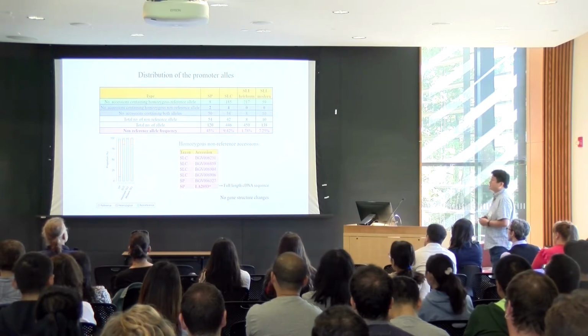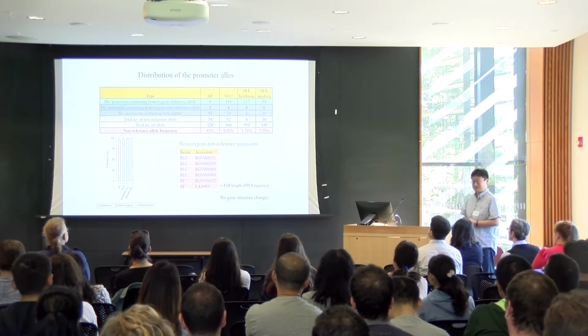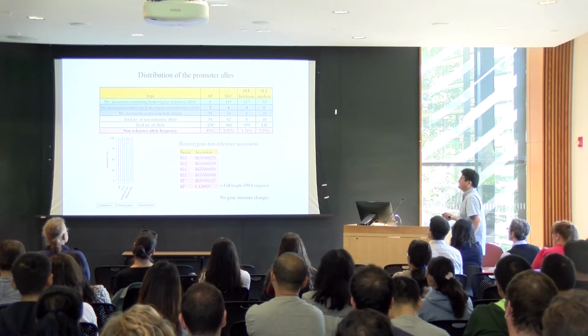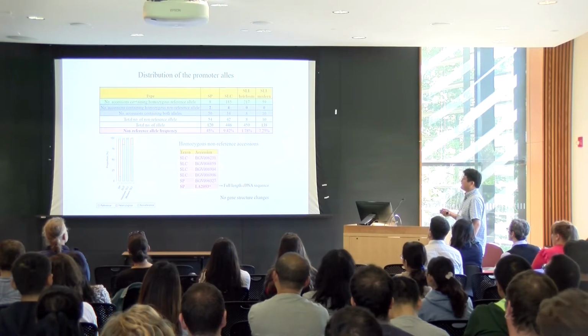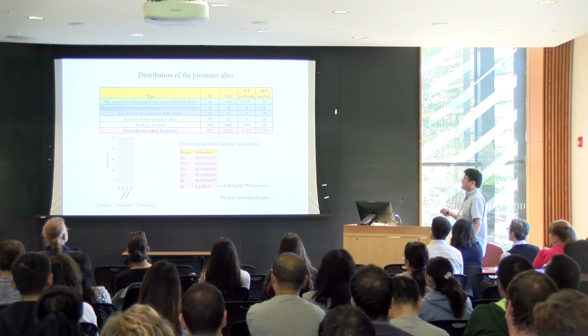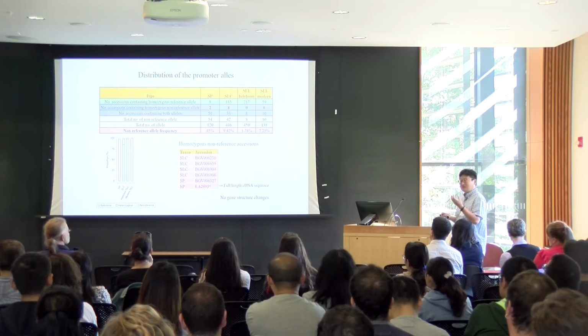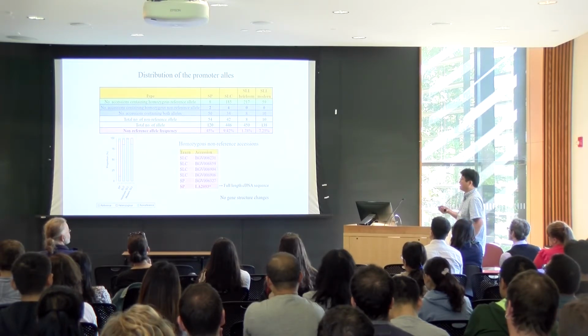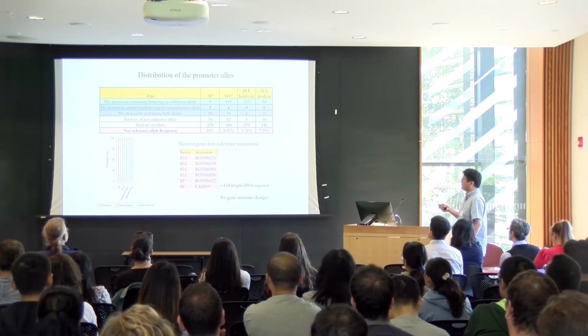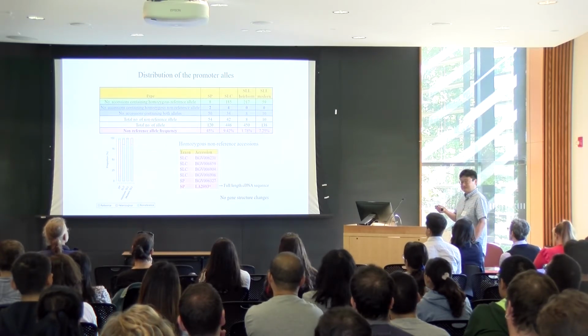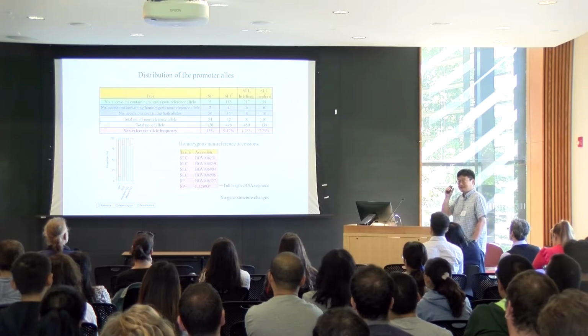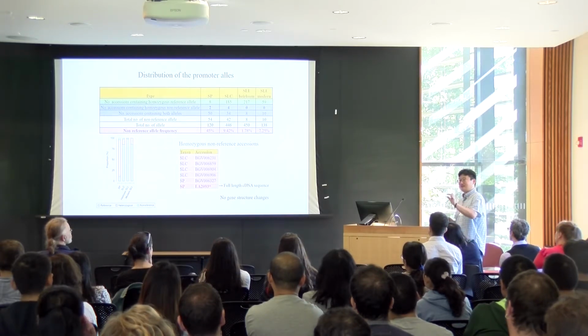Then we checked the distribution of these two promoter alleles, and we found that the number of accessions that contain the homozygous reference allele is very small in pimpinellifolium, but in the landraces, most of them contain the homozygous reference allele. I mean, both copies of the allele are from the reference.